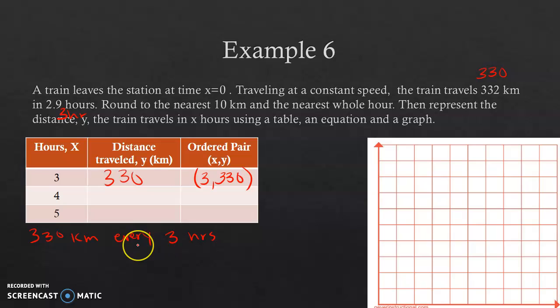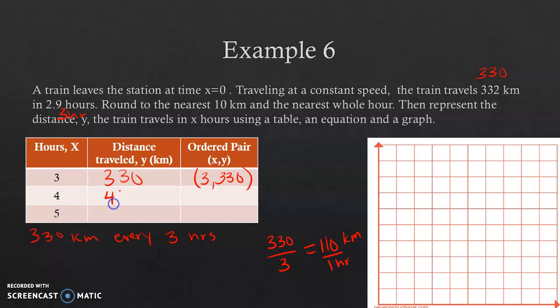So I need to know, well, how far have I gone in 1 hour? And so to figure that out, we're going to do 330 divided by 3, which will give us 110. So we travel 110 kilometers every hour. So 110 per 1 hour. That's what this means. So I'm going to take 330 and I'm going to add 110 to it.